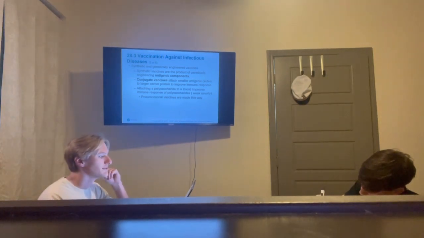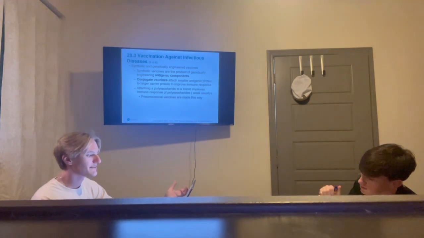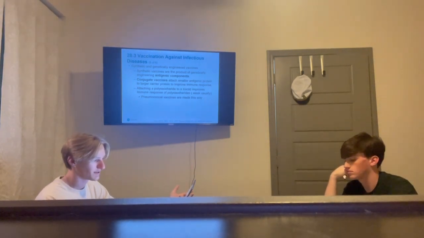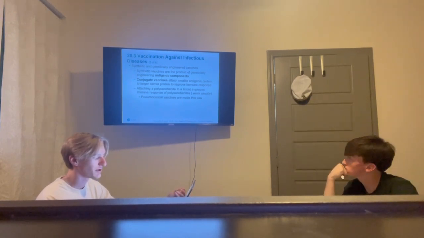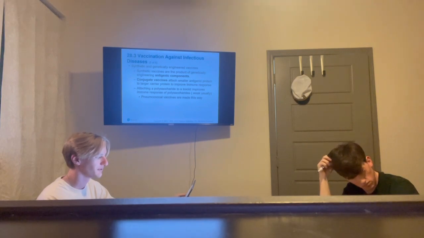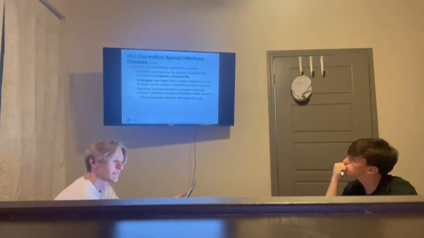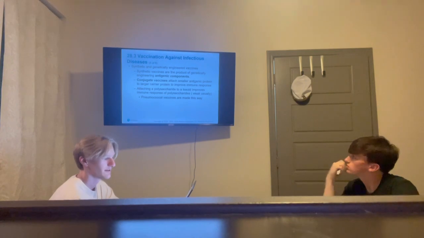Synthetic and genetically engineered vaccines are the product of genetically engineered antigenic components. Conjugate vaccines, on the contrary, attach smaller antigenic proteins to a large carrier protein to improve human immune response. Attaching a polysaccharide to a toxoid improves the immune response to the polysaccharide, which is usually weak.